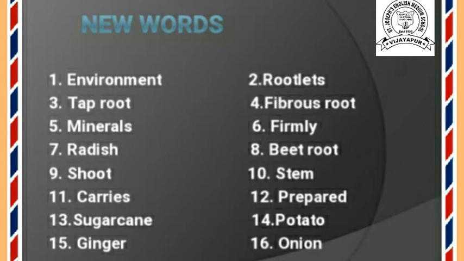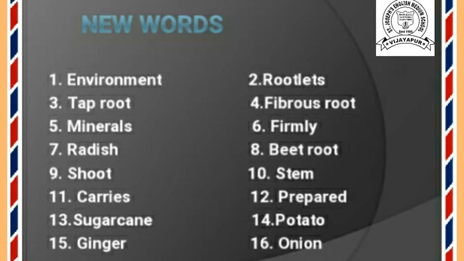Now the seventh new word is radish. Radish is a vegetable, and radish is a root that stores food. That is an example of a root that stores food, radish. Now the eighth one is beetroot. It is also a root that stores food.